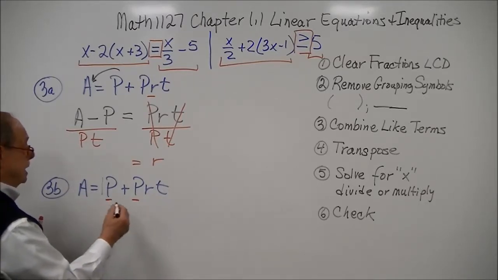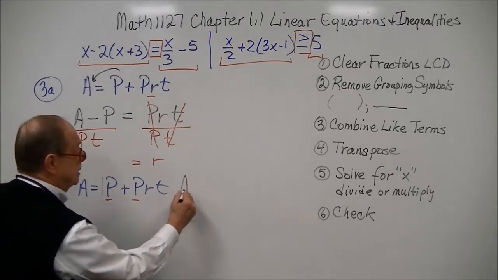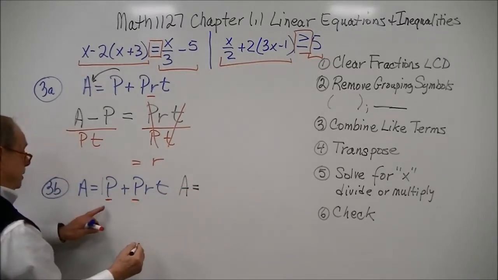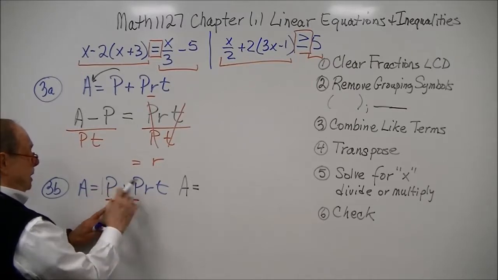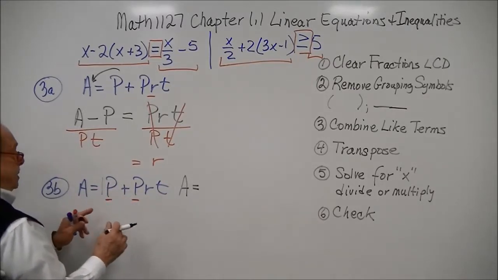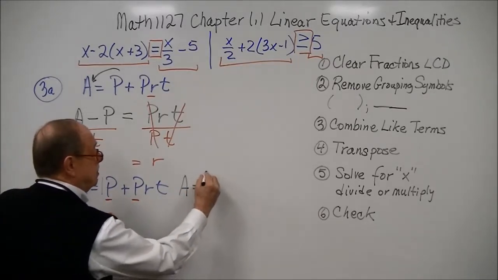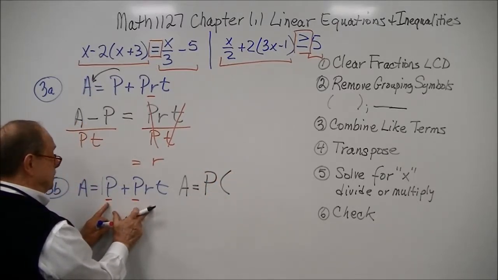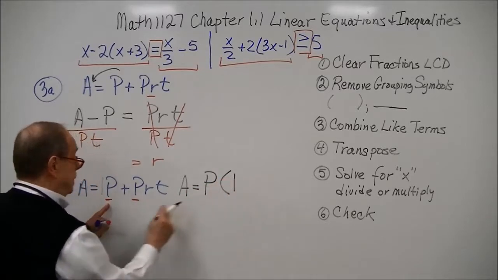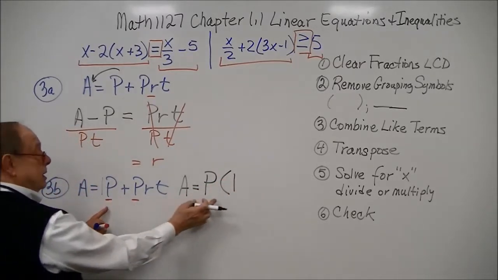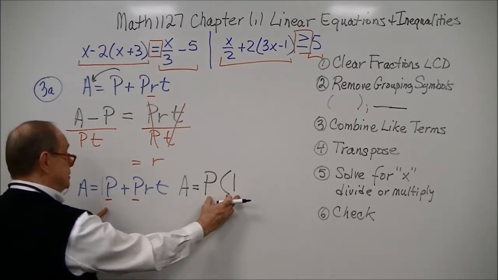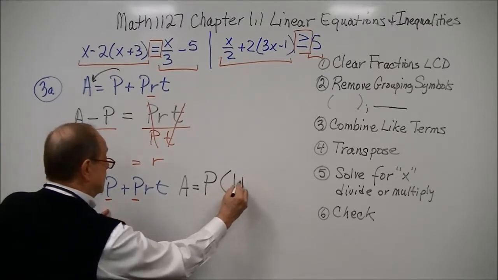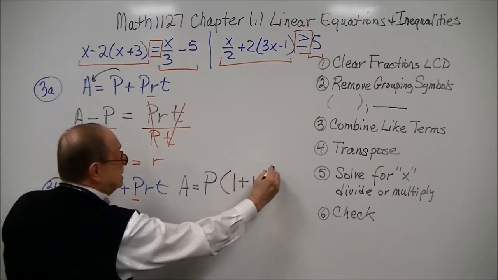So this looks like then A. And I'm going to factor now out the P, because I want to isolate that P. So that'll be a P that I'm taking out of each of these 2 terms. And I'm left with a 1 there. There's my 1. To indicate that's where the P used to be, plus RT.